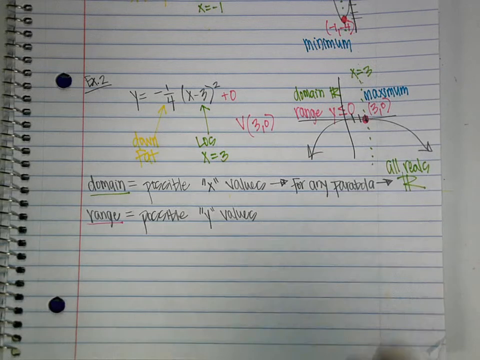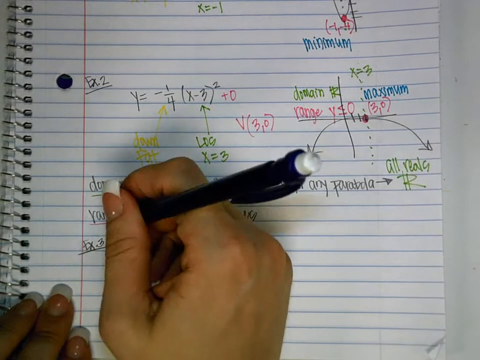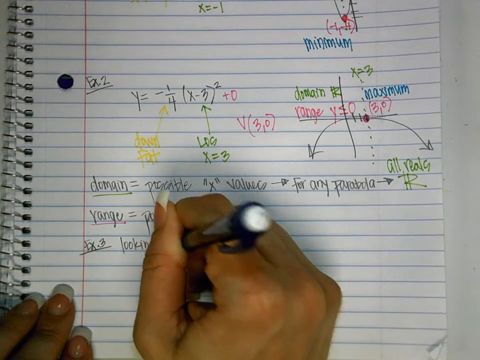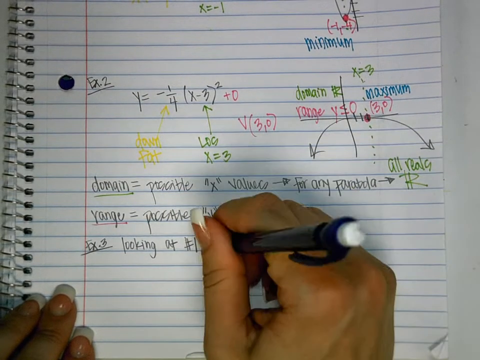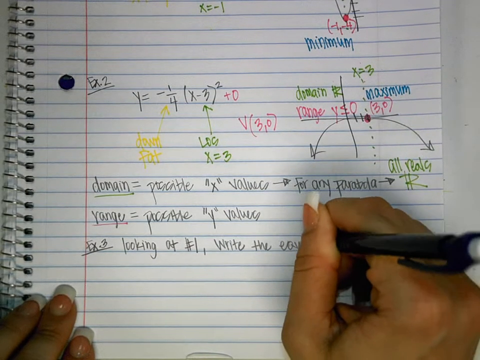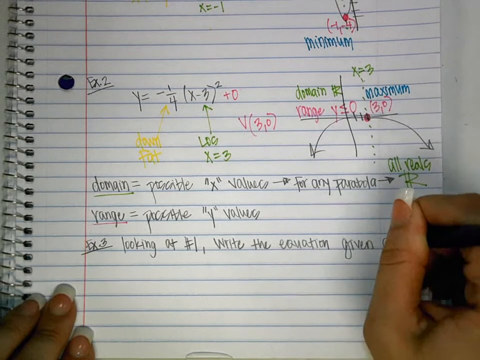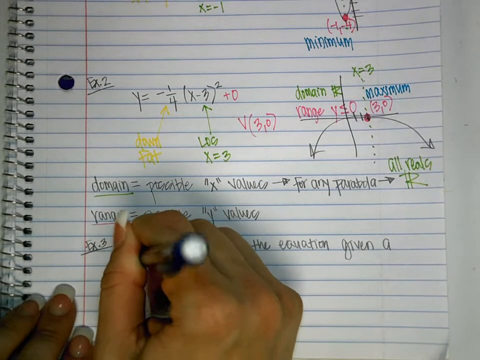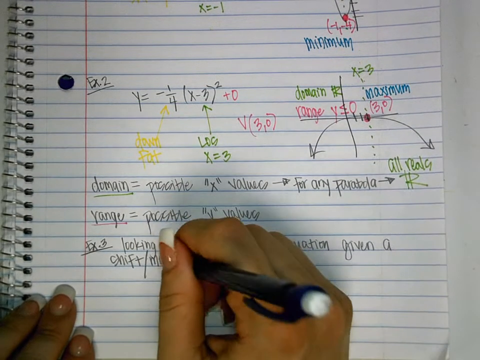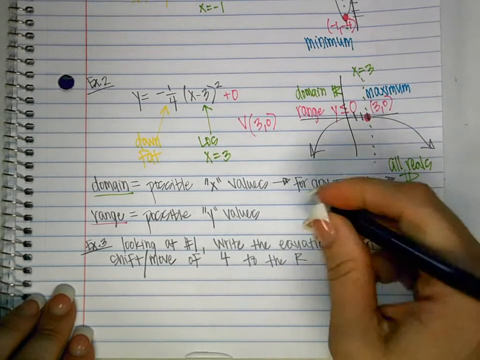So let's go back, and for number 3, looking back at number 1, I would like you to write the equation given a shift of 4 to the right and up 3.